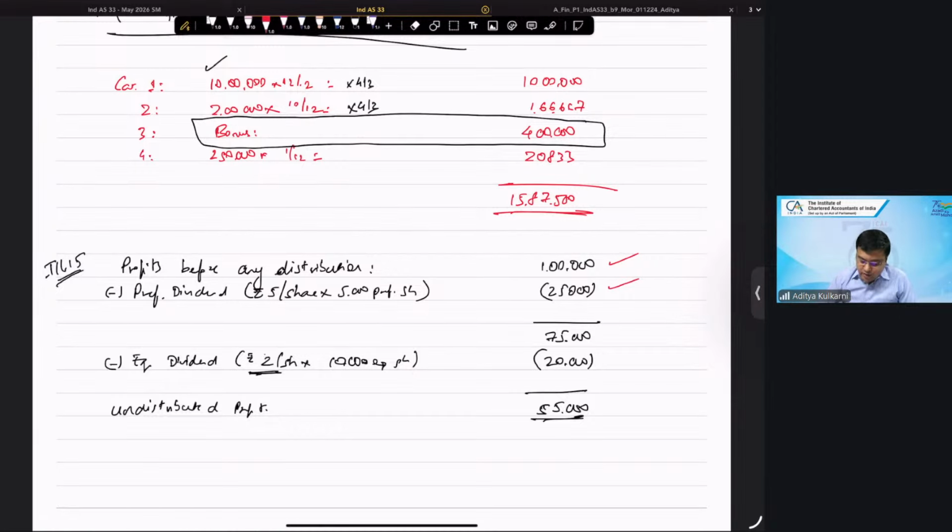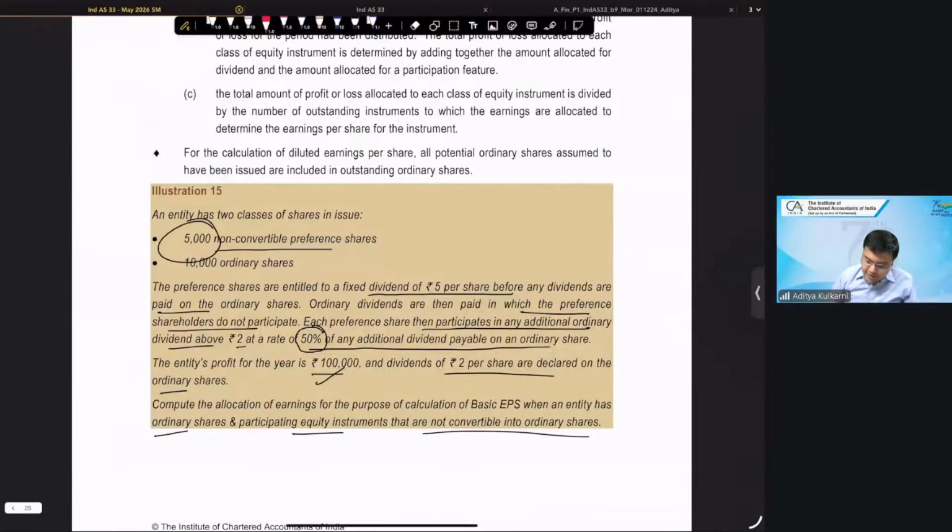And then to ordinary shareholders, I have removed this 2 rupees. So there is no 2 rupees now. It's already distributed to equity shareholders. So what is left is this undistributed profit of 55,000. In this 55,000, every preference share participates in an additional ordinary dividend above rupees 2.